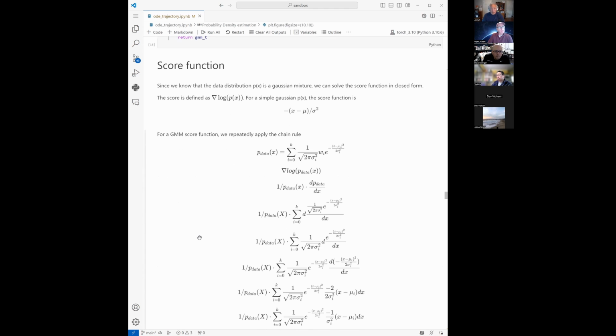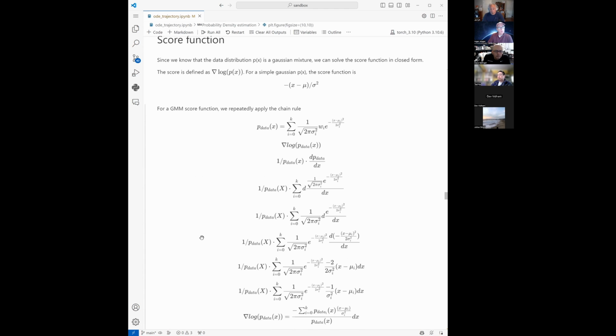Okay, so now we can jump into score function, and hopefully I got the math right here. So the score function is defined as the gradient of the log of the probability of x. And if we were just doing a simple Gaussian, it's a nice little linear equation there. That first one, x minus mu over sigma squared.